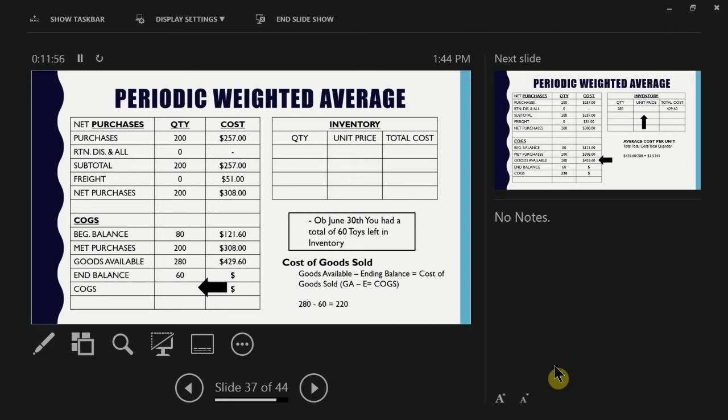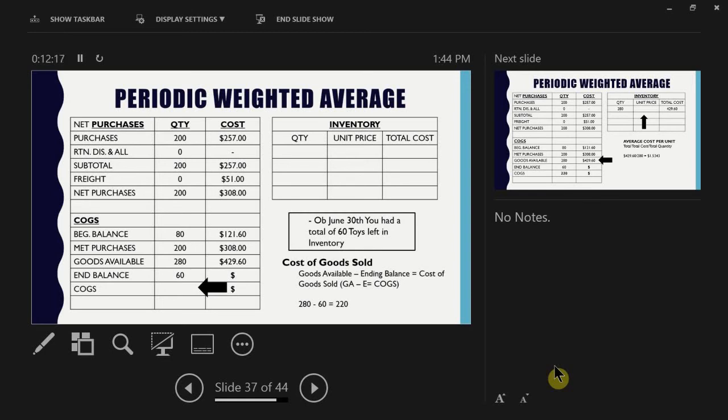121.60 plus my 308 gives me 429.60. So now what happens here is that now I have a new total cost. So now I have to go ahead and recalculate a new average cost per item.